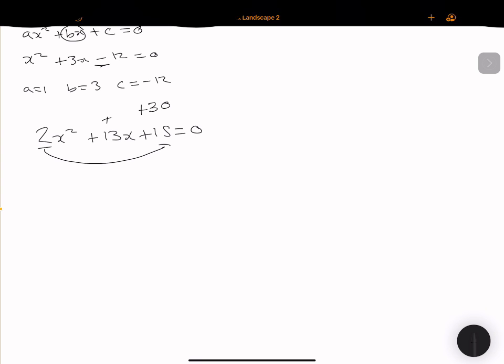Then what adds to make, 15, no, 10 and 3, sorry. 10 times 3 equals 30, 10 plus 3 equals 13.